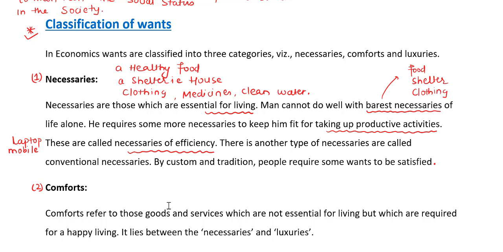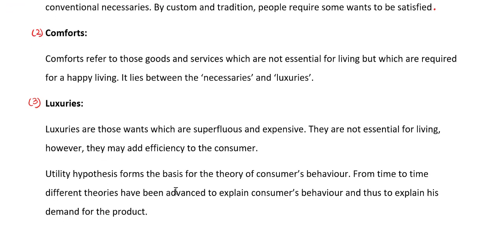The second point in classification of wants is comforts. What is comfort? Comforts refer to those goods and services which are not essential. You can do without these goods, it's okay, but they are required for a happy living. You require a TV, a refrigerator, a water cooler, a purifier.